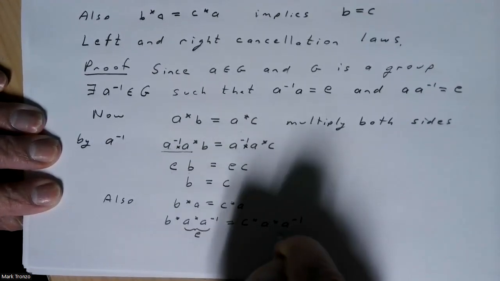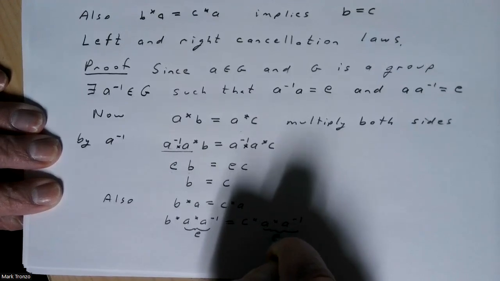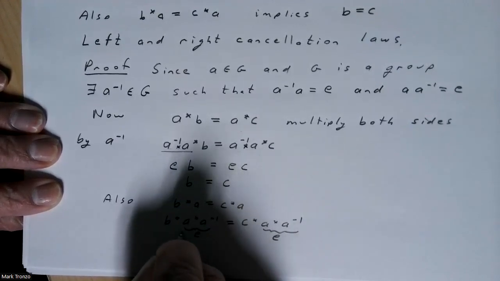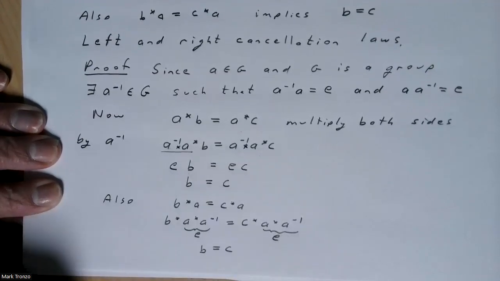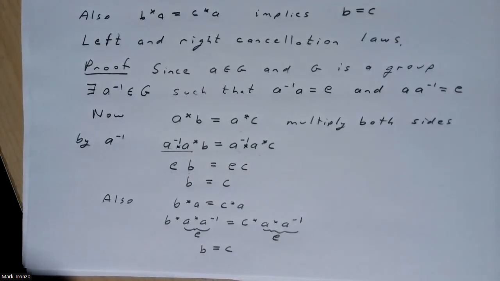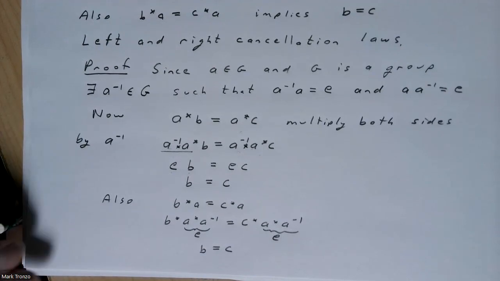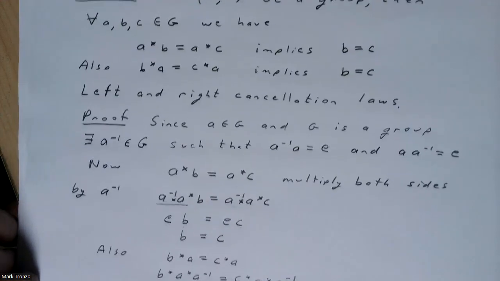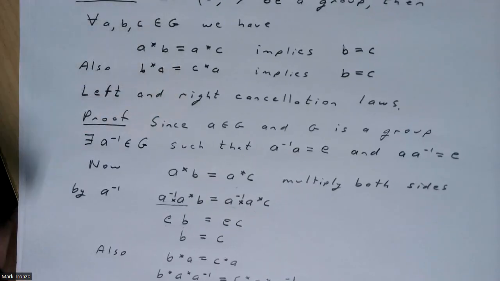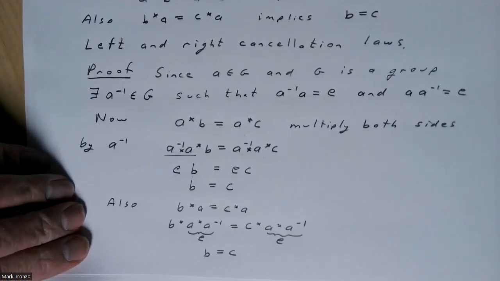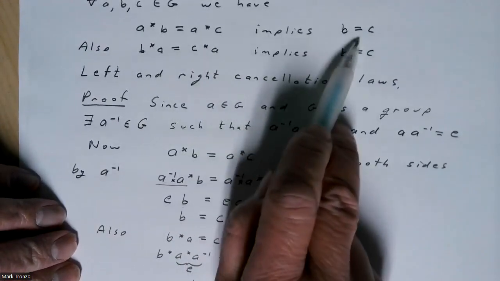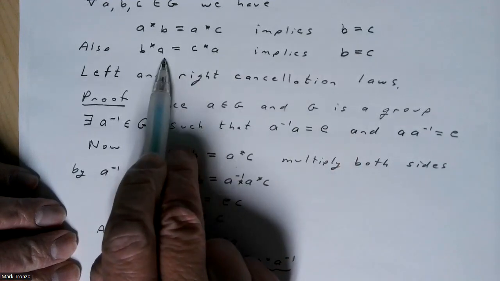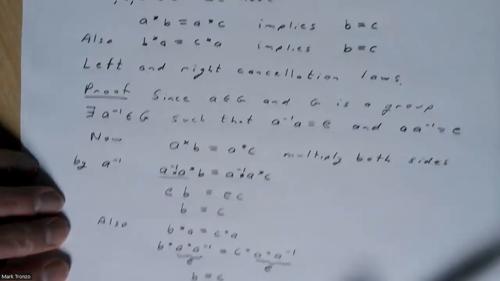This is the identity, this is the identity. And then the identity times B gives B, the identity times C gives C. So that proves the theorem that if you have members of a group and you have something like this, this implies B equals C, and this also implies B equals C.